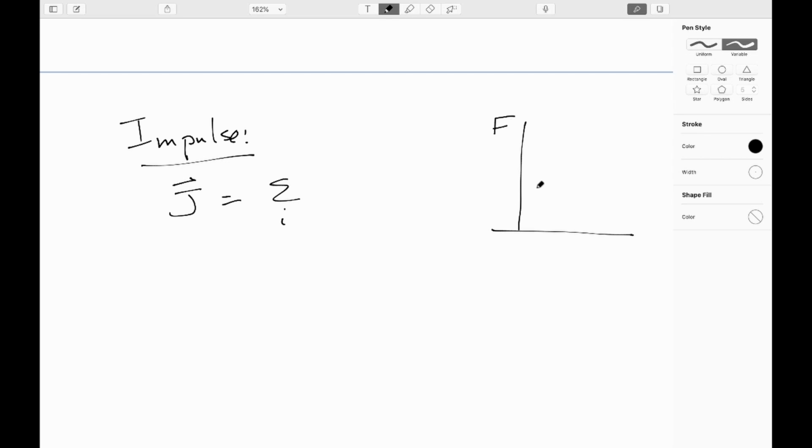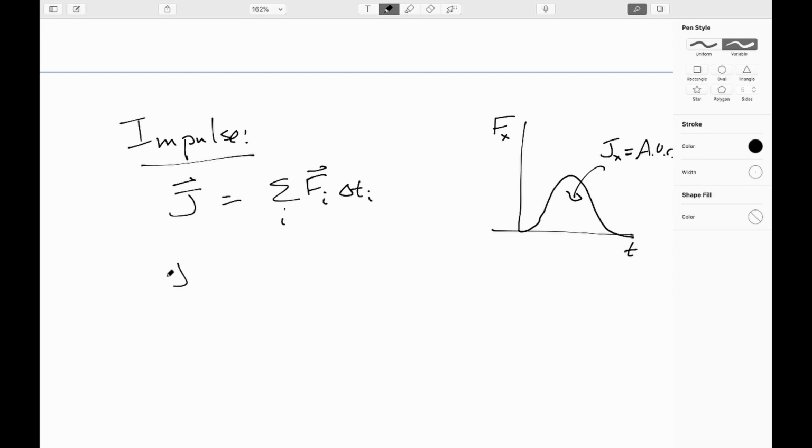If this is the force I'm applying on something as a function of time, let's say this is the x component of the force, we'll get that the x component of the impulse will be equal to the area under the curve in that graph. We can write this as the sum, over small time intervals, of the force times the small time interval elapsed.